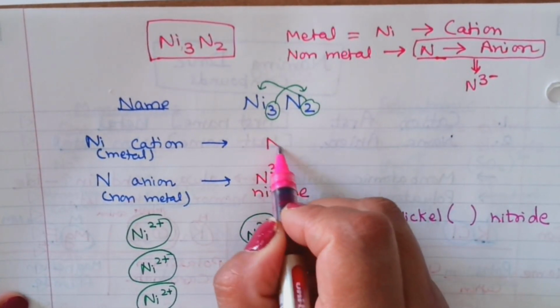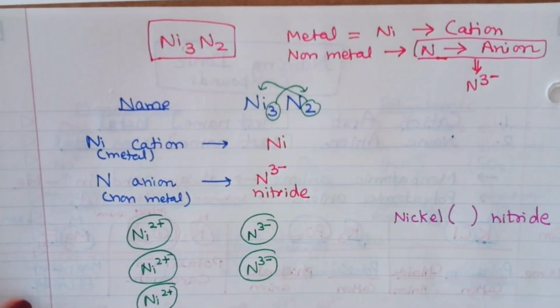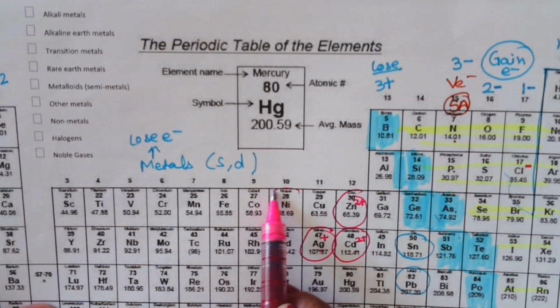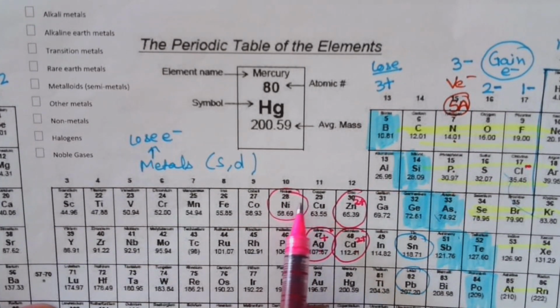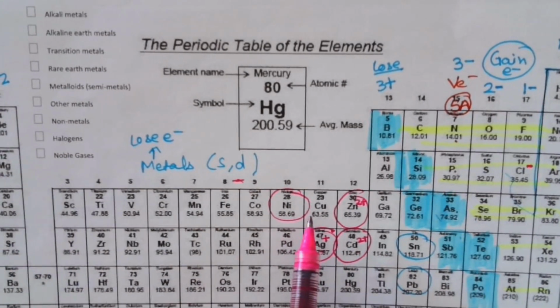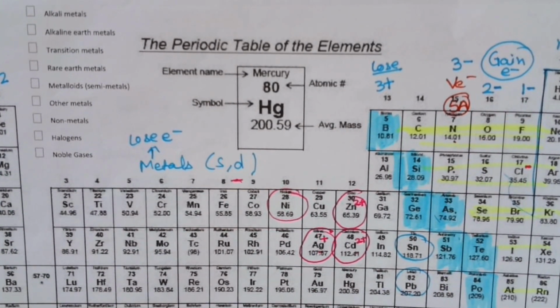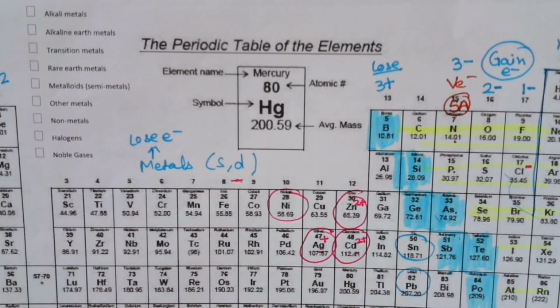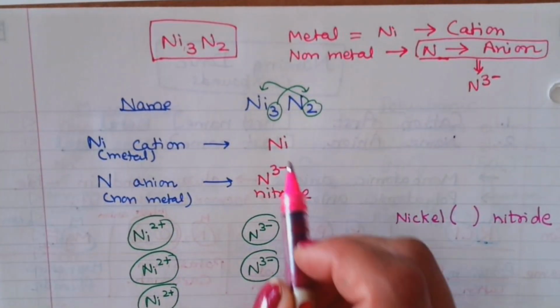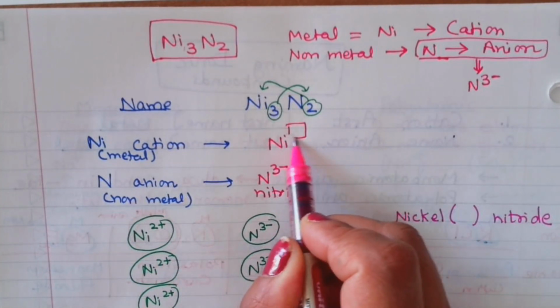I know nickel is going to make some kind of charge, but since nickel is in the D block on the periodic table, I don't know what kind of charge nickel would make. So in order to name ionic compounds formed from the D block elements, I need to specify the charge. I need to know the charge on nickel. Okay. So what kind of charge would nickel make?